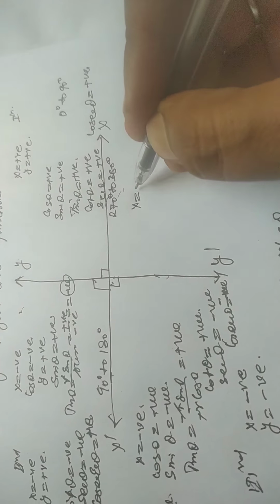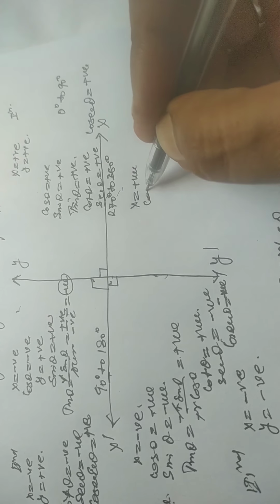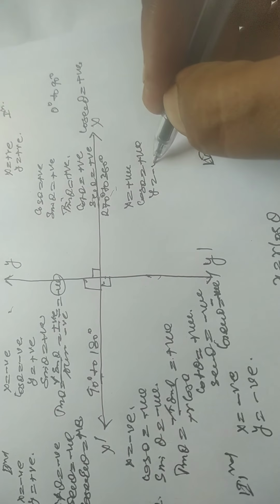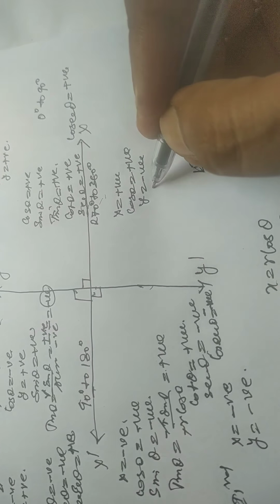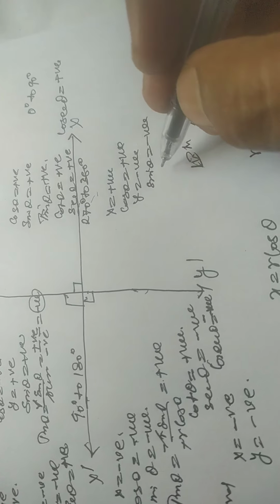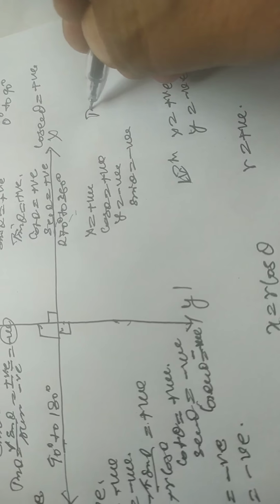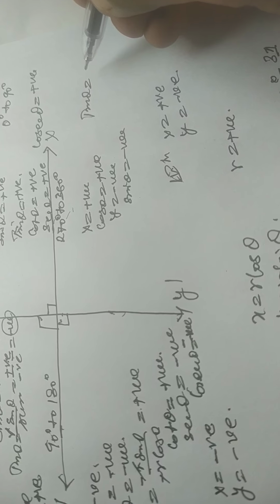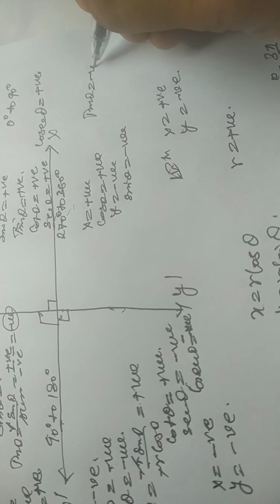And look at the last one, the fourth quadrant. Here x is positive, that means cos theta is positive. And y is negative, that means sin theta is negative. Tan theta is sin theta negative upon cos theta positive. Negative upon positive is equal to negative.